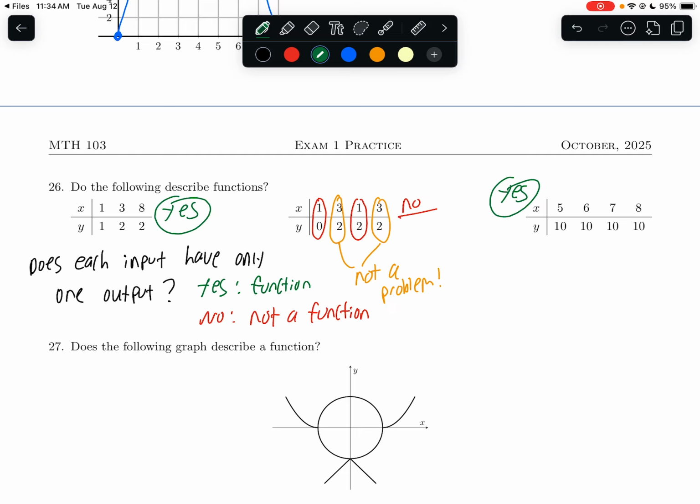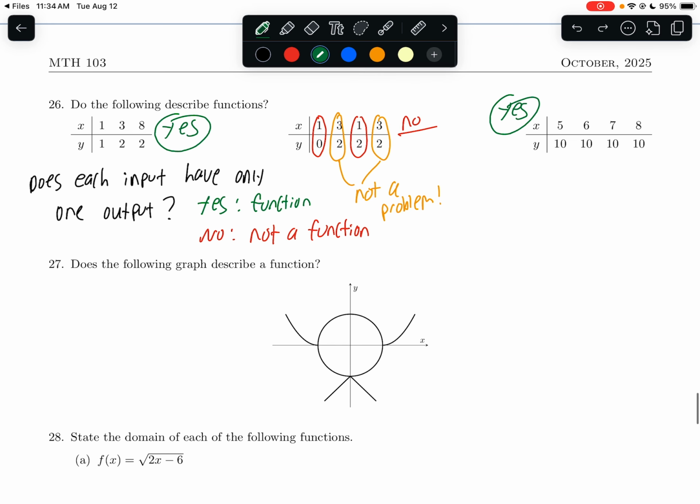Each input goes to 10, has an output of 10. The fact that they're all the same doesn't matter. The important thing is that you don't have an instance of, for example, 6, 11. Right? We can see that each input only has one output associated to it, and so it is a function.